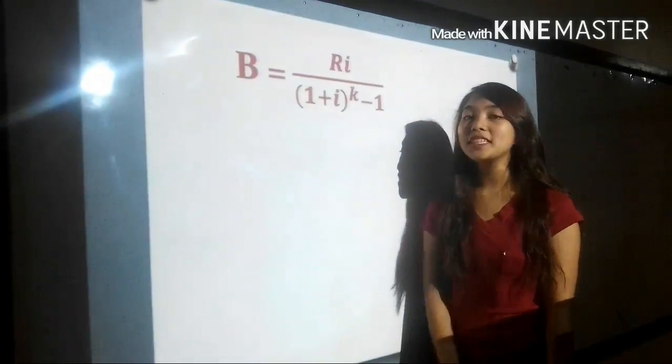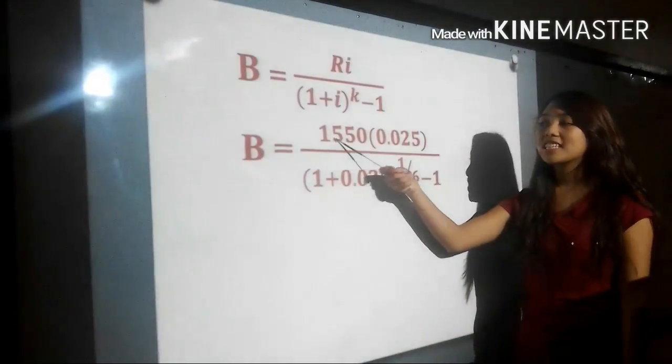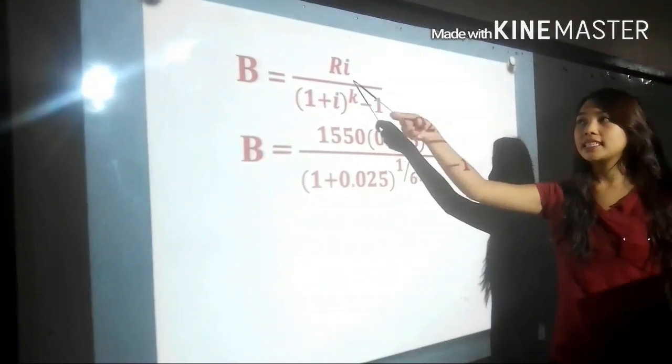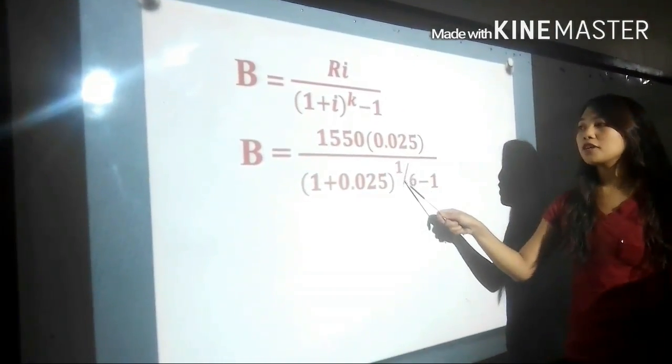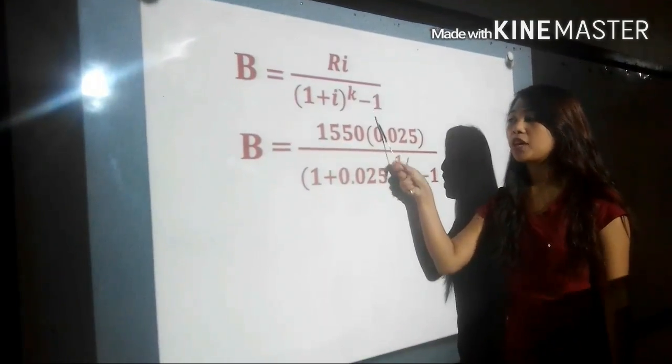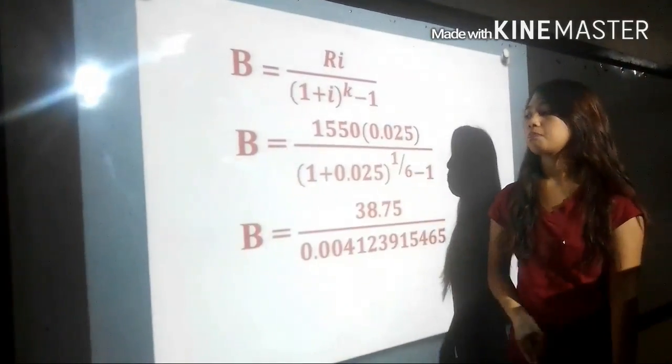Now let's do the substitution. 1,500 is the R, 0.025 is the i, 1 over 6 is the k. The 1 and negative 1 are already given.